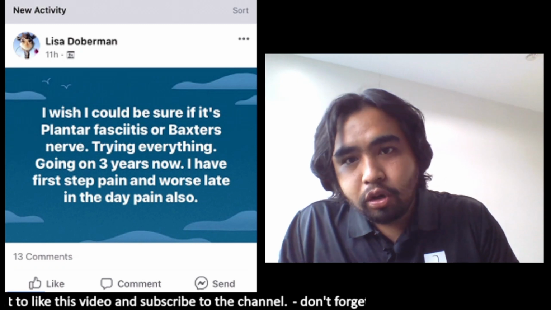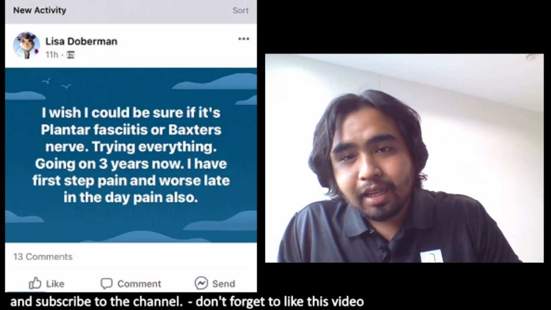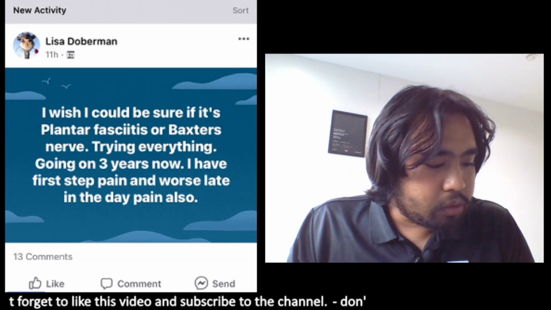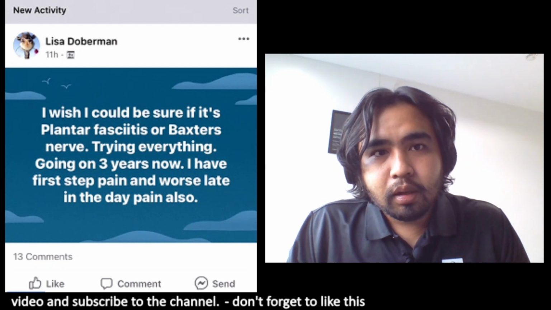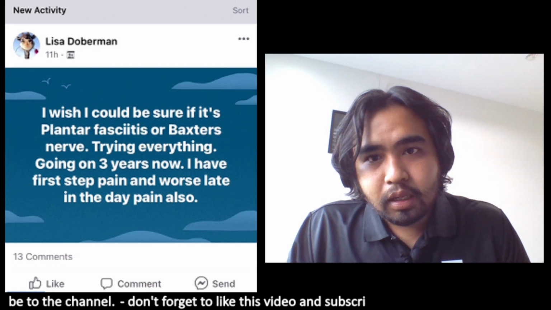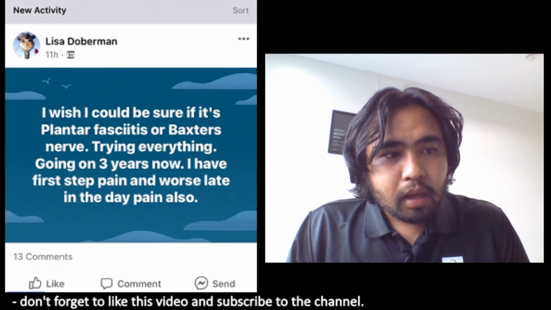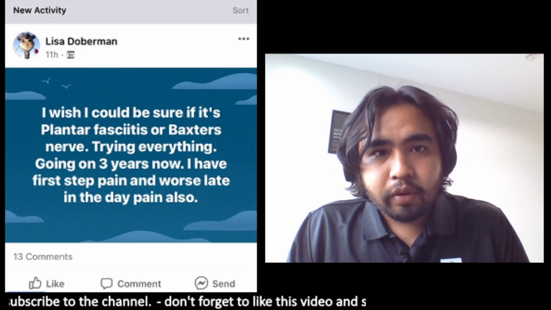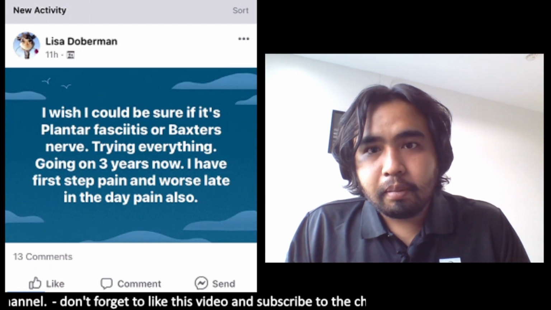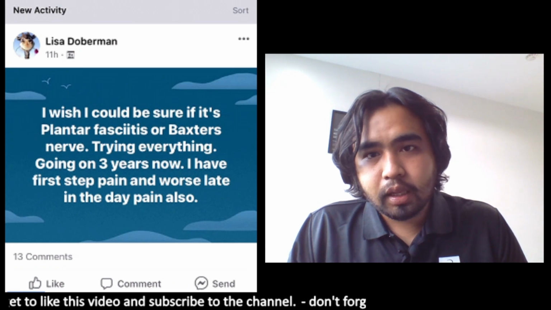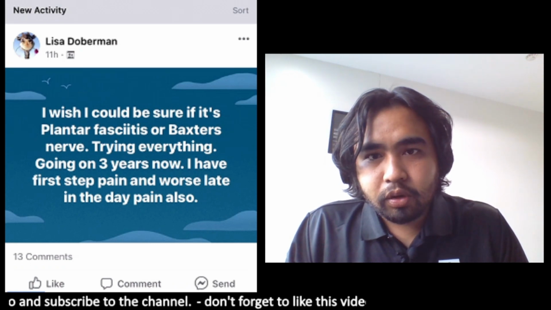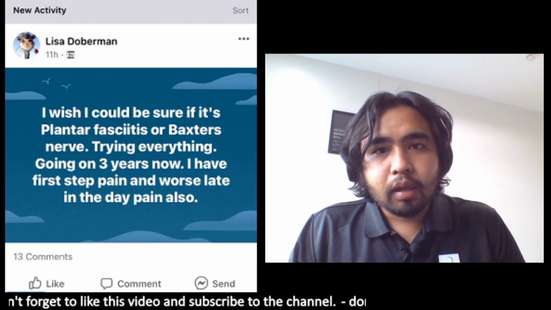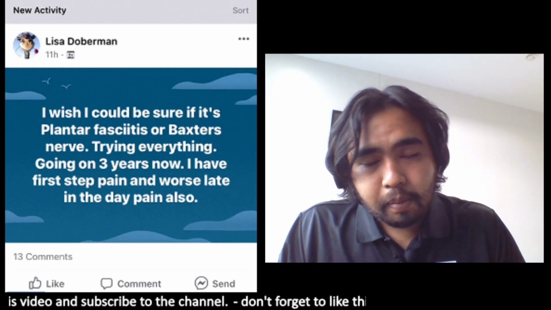So it could be neurological, wherein there's a nerve entrapment involved, in which case she's worried about. It could also be a musculoskeletal issue, wherein the muscles around the ankle and foot are tight or stiff or experiencing some muscular imbalance, thus causing that overstretch or degeneration of the plantar fascia, and that could be causing her the pain.